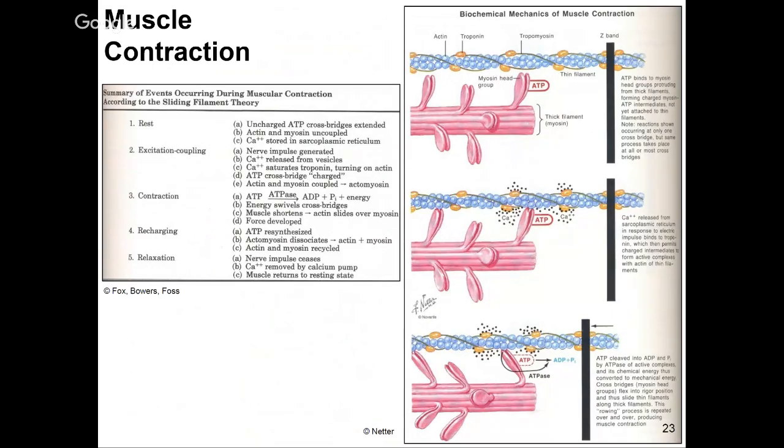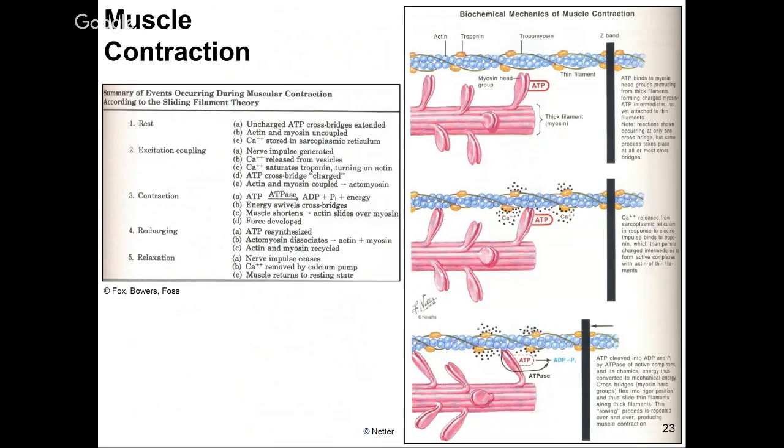But calcium has to enter the muscle cell. It has to enter the muscle fiber, and the calcium binds onto the tropomyosin and the troponin and moves them away so that the myosin can bind. So it's all happy and it jumps on there.